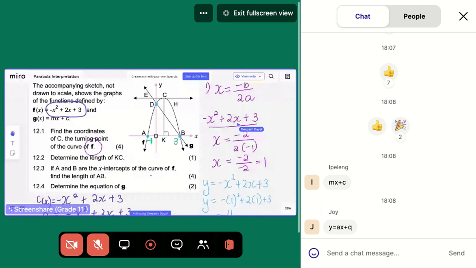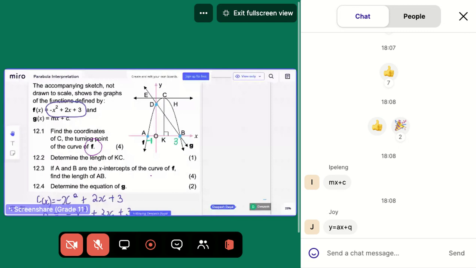So what is the y-intercept of the parabola? Anybody want to take a try before I write the answer here? We have to work it out. See, this one here, D. We've got the parabola equation, which is y equals minus x squared plus 2x plus 3.